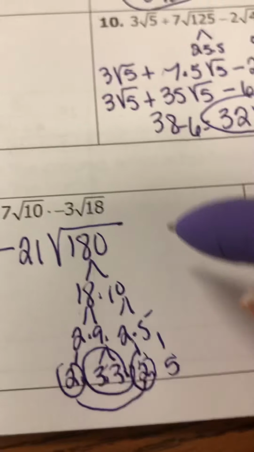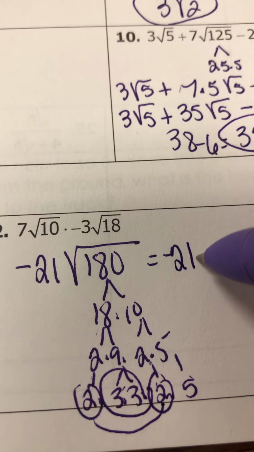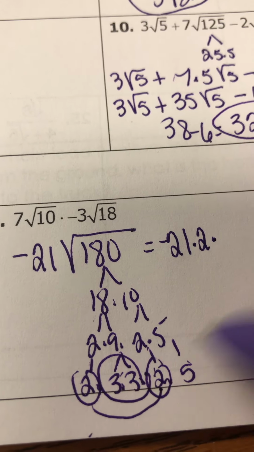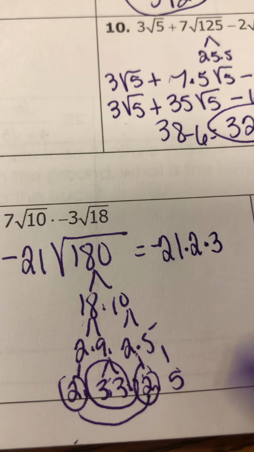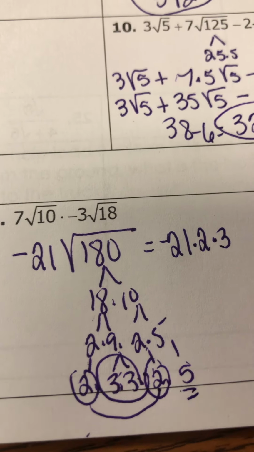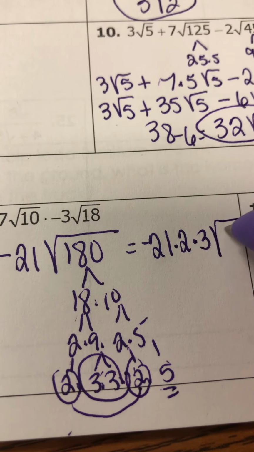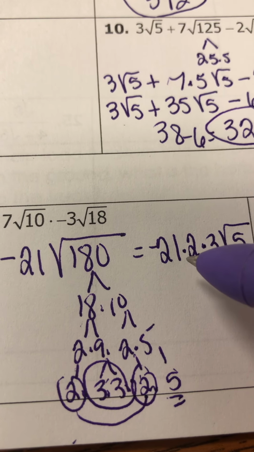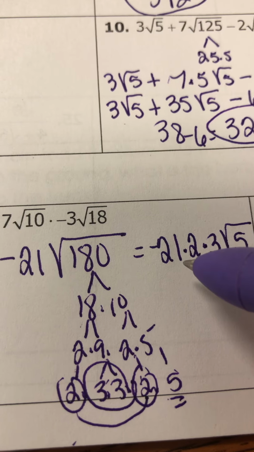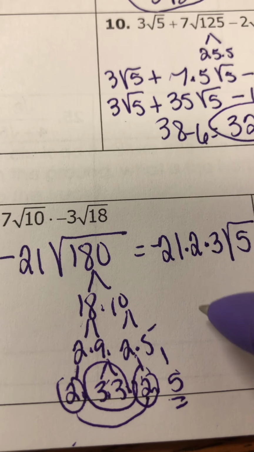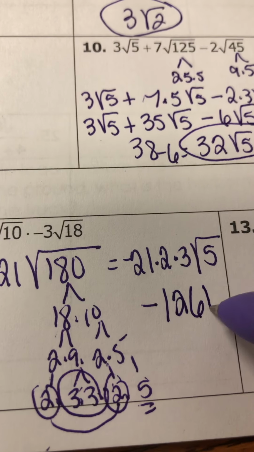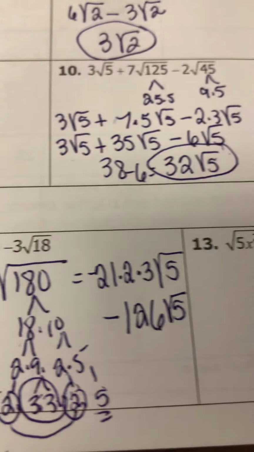Don't forget that negative 21 times, let's bring a 2 out of this group, and a 3 out of this group. And this 5 right here, this one's going to stay behind. Okay, so negative 21 times 2 is negative 42, and then negative 42 times 3 is going to give us negative 126 times the square root of 5.